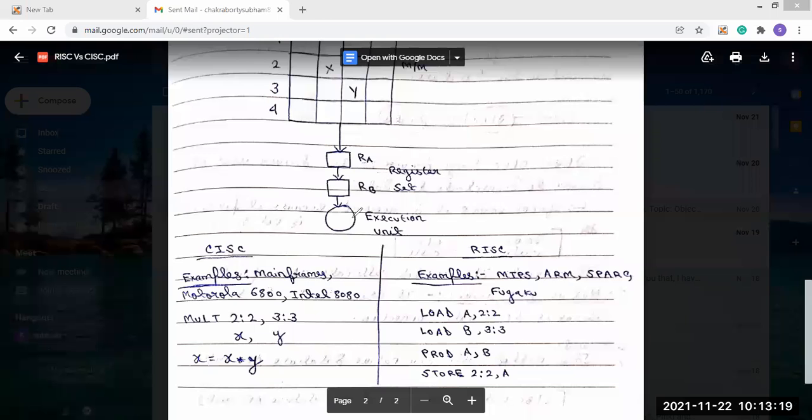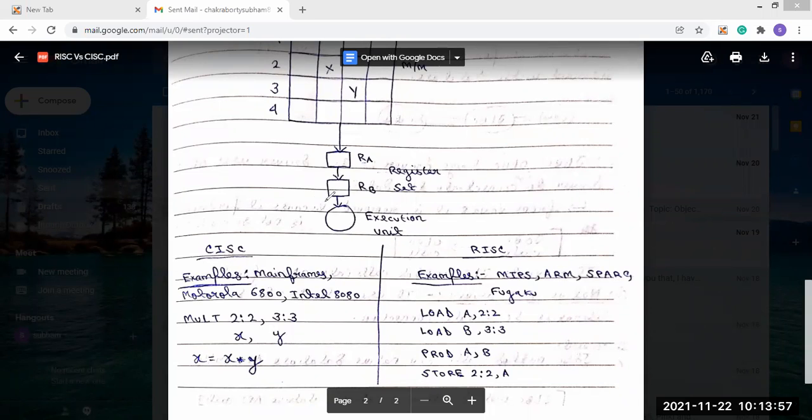In this execution unit, the value stored in register A and the value stored in register B are multiplied. After we get the final result, we have to transfer it again into the memory, because we have done this whole thing in our registers. So after the final product, the value should be transferred into the RAM again.